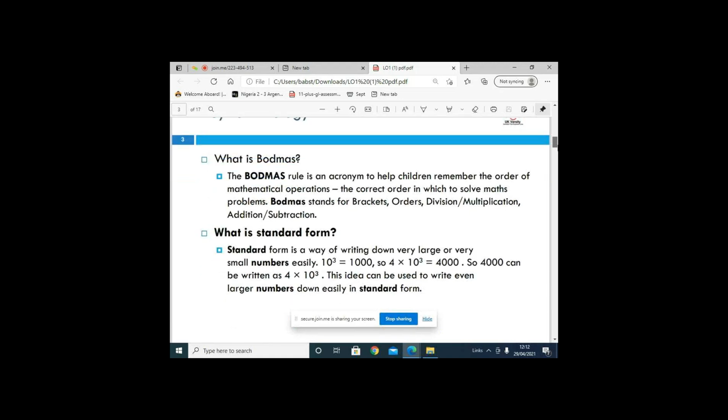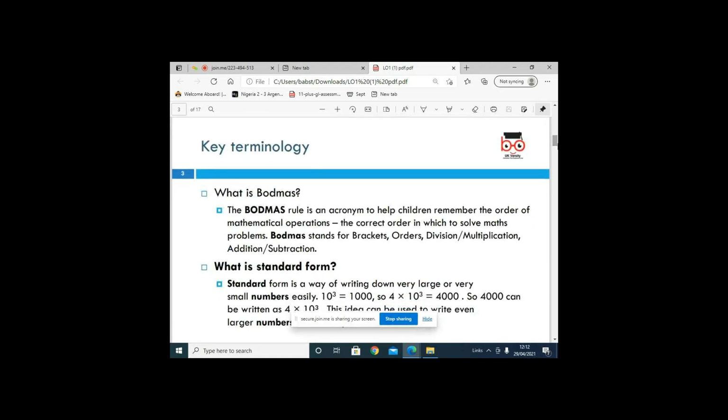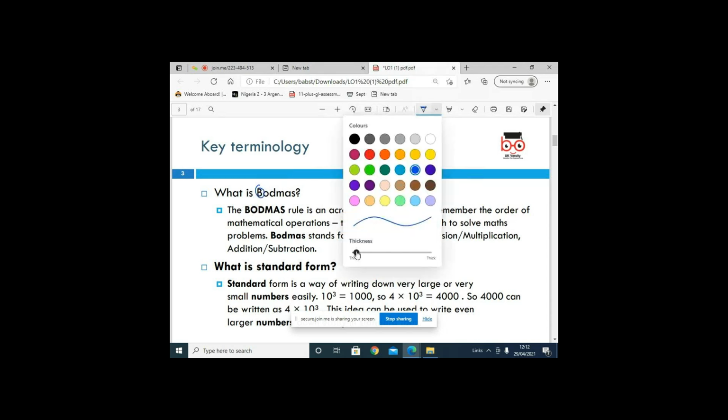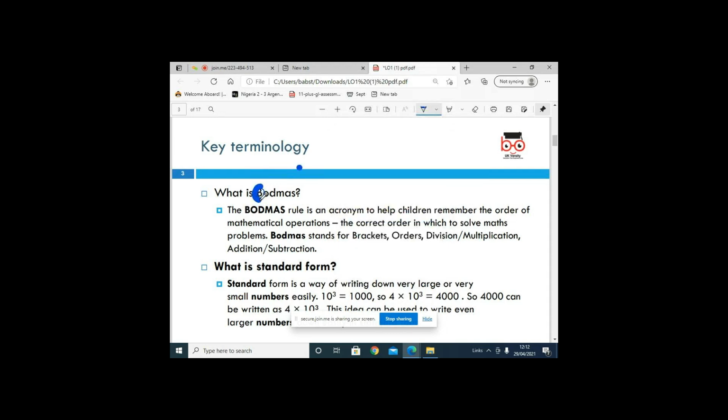So the major thing here in maths is the basic operations, brackets. Let me try and use a big highlighter so that you guys can see it clearly.